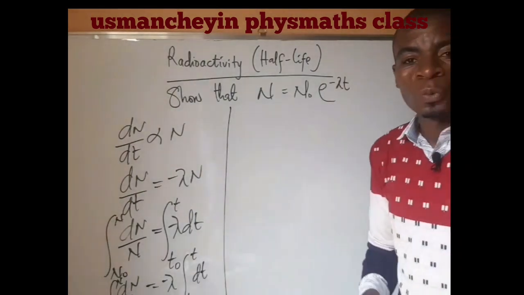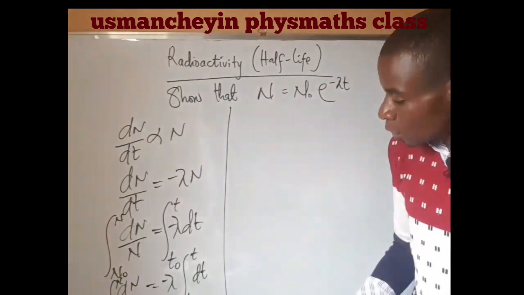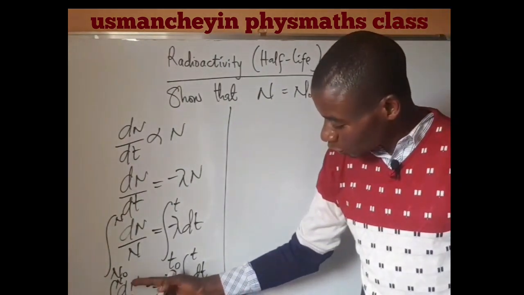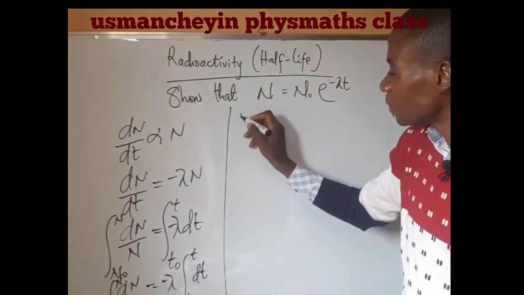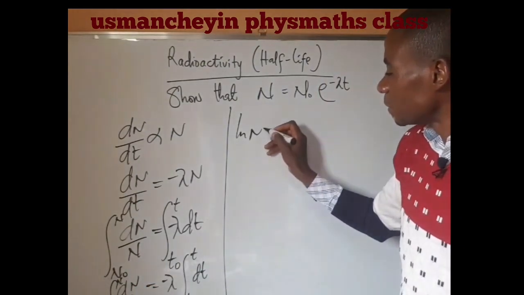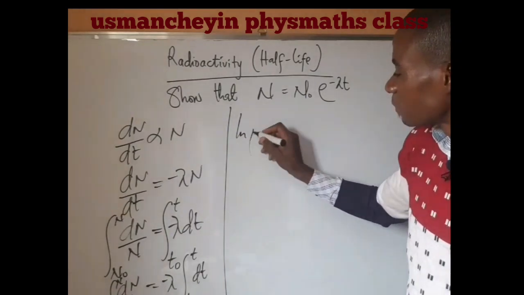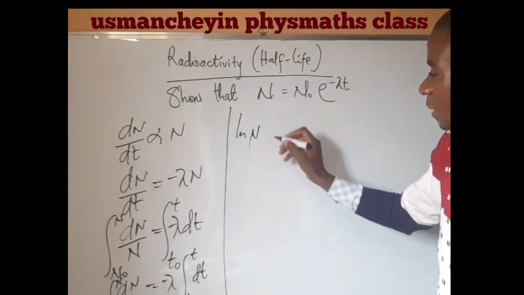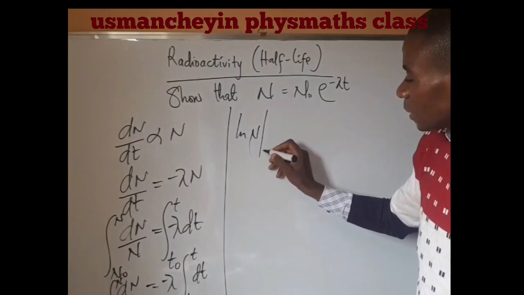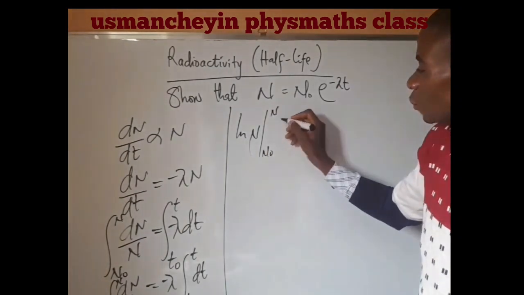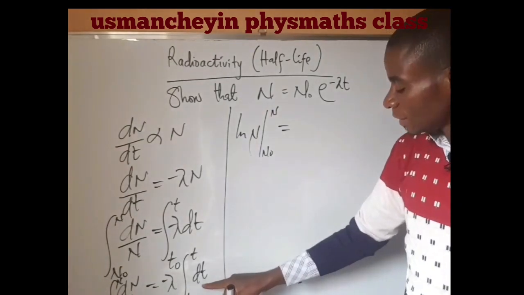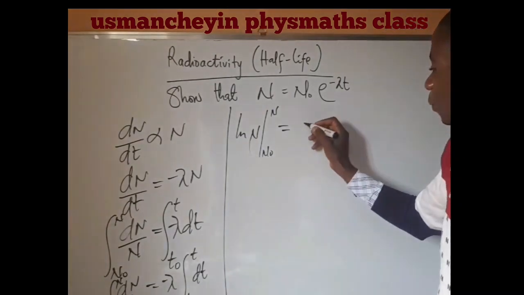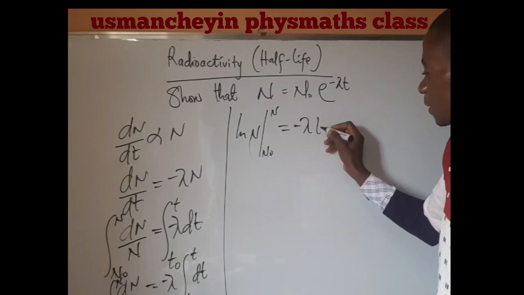From that point we start integrating. When you integrate 1 over N, you have ln N, with the limit from N naught to N, equals, when you integrate dt you have only t, so we have negative lambda t.